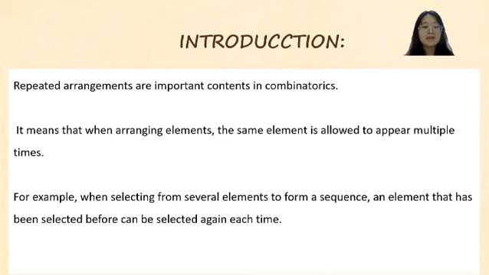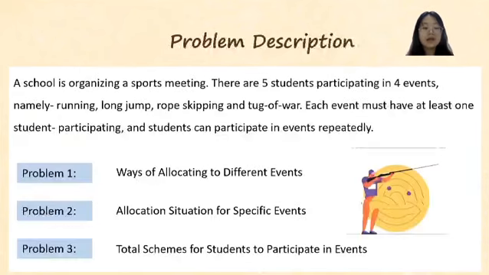For instance, when selecting elements to form a sequence, an element that has been chosen before can be selected again each time. Now let's understand this concept more deeply through an example of a school sport meeting.